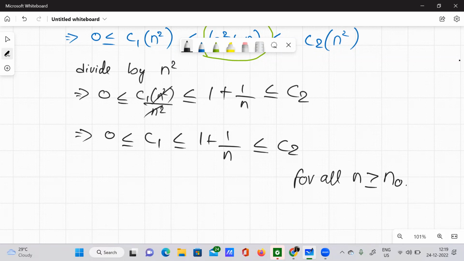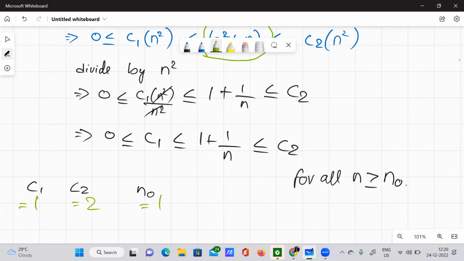And now what if I assume some kind of values for my constants, like we have c1, c2, and we have n0, right? What if I take some values? What if I imagine some values? Let's imagine, I'm just taking this as an example. c1 is equal to 1, c2 is equal to 2, n0 is equal to 1.